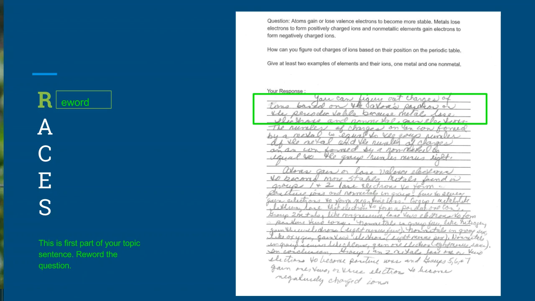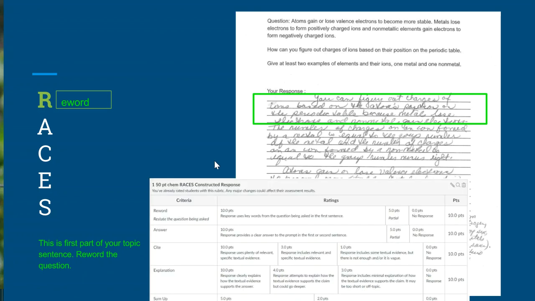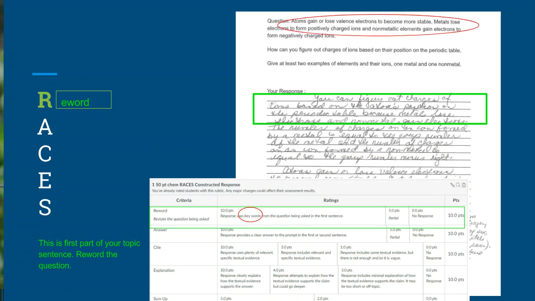That's just rewording what I gave you up top, because the metals lose electrons and the nonmetals gain electrons. So it's a brief answer. It uses keywords from the question, and it's being talked about in the first sentence.